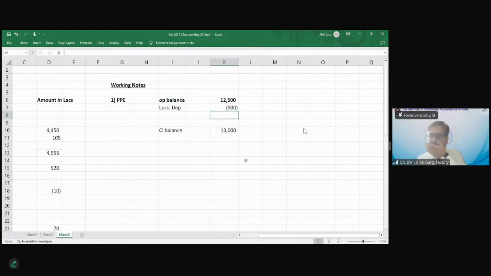Okay. So then there is some purchase or sale given. So what is given here? Out of the opening balance of 12,500, there is a depreciation which was charged, and there was some asset which was sold also. So what is the value of the asset sold?